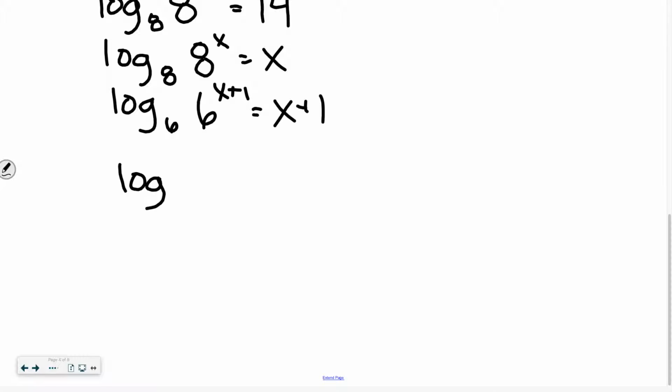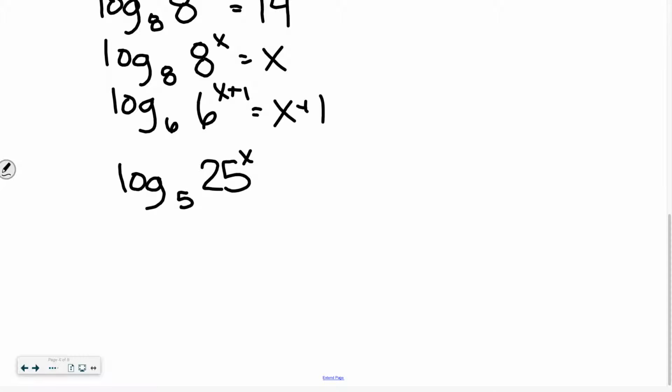The log base 5 of 25 to the x plus 1. Well, you can't cancel them, right? When do you get to cancel them right away? As long as the base is the same. So initially you might be like, whoa, let's slow down.